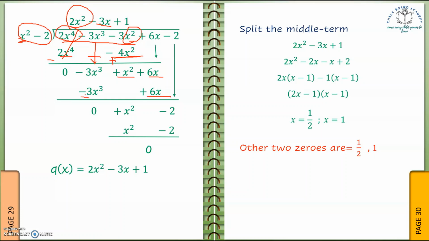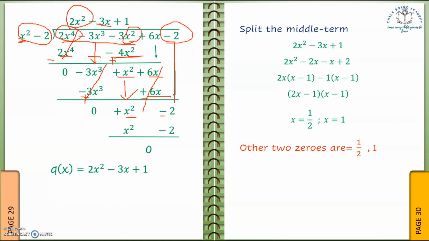Again, sign change. After changing sign, we see that this is eliminated, and this is also eliminated. So we are left with x square here. We have taken it down, and now this minus 2 from the top.